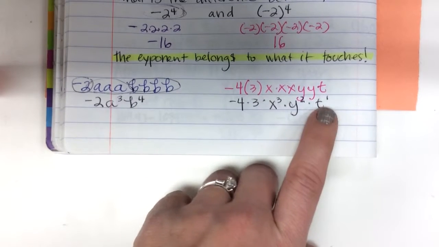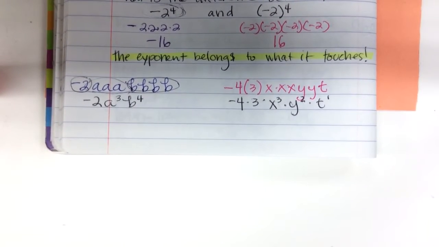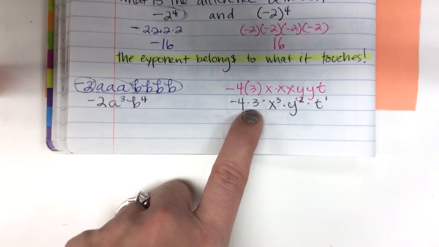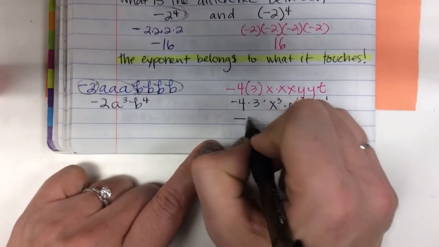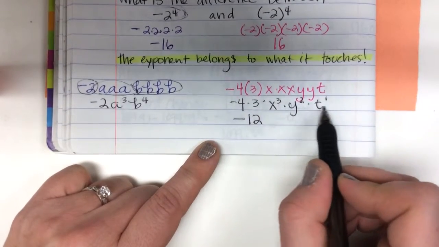Do you have to put that 1 there? No. You can keep going. Isn't there more math you can do? Negative 4 times 3, those are like terms. What's negative 4 times 3? Negative 12.